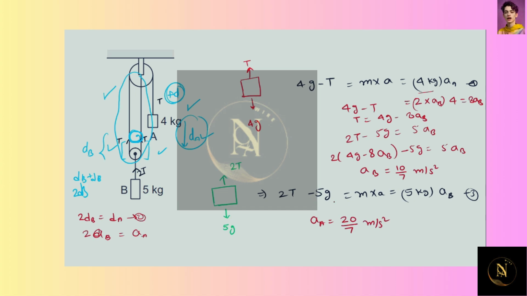Here, for your convenience, I have taken the gravitational acceleration as 10 meter per second square.